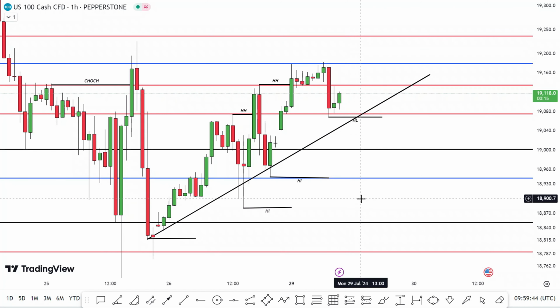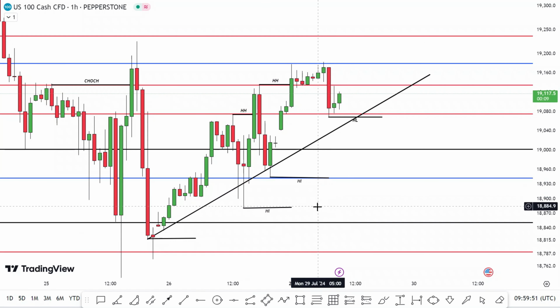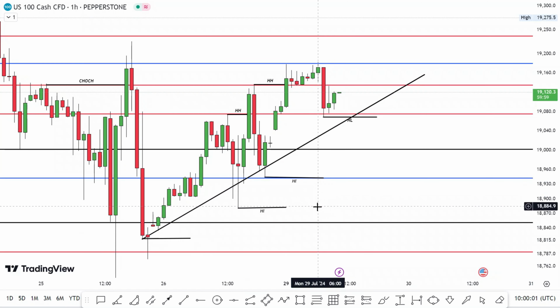I used to trade using SMC, which means we look for liquidity, order block, fair value gap, this and that. That strategy worked 100% for me when I was trading GBP USD. But now that I'm trading Nasdaq, I'm no longer looking for fair value gap, order block, liquidity zone, this and that.